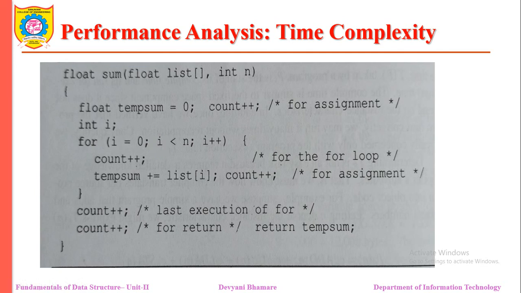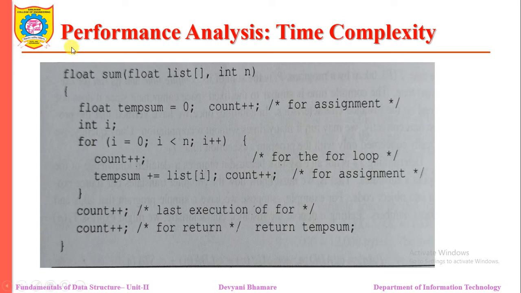So if you have observed in this program, we have initialized the count statement only where the executable statements are there. So that's why automatically we are eliminating the function header and the second variable declaration from our consideration. Then initially we have set count equal to 0.